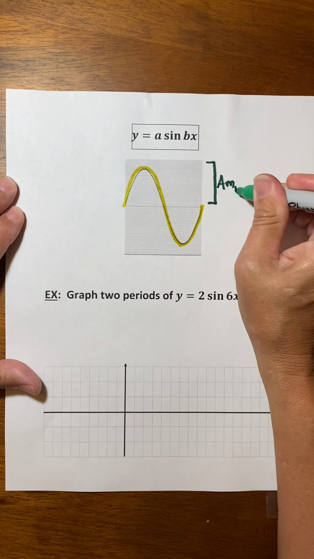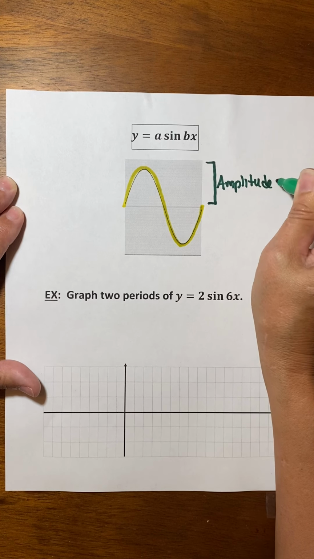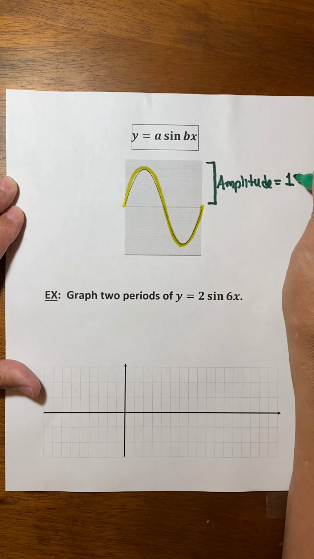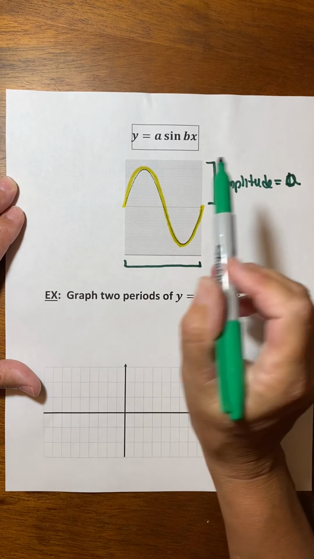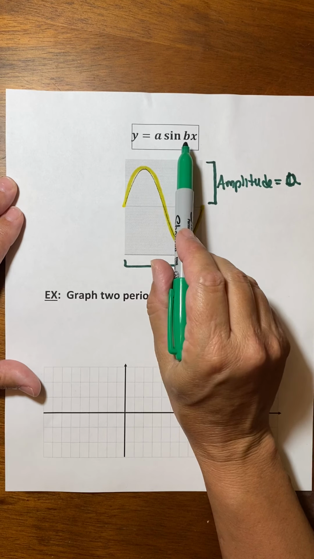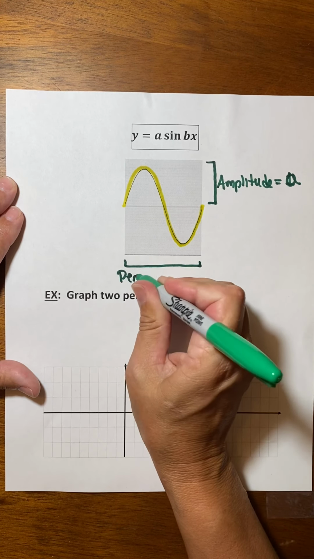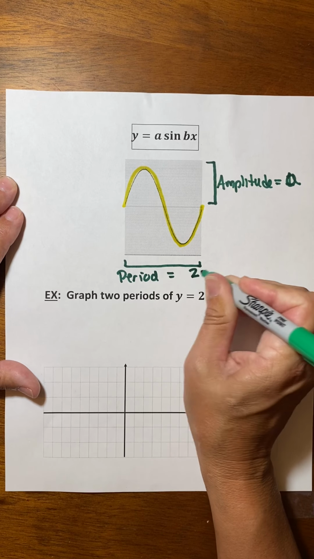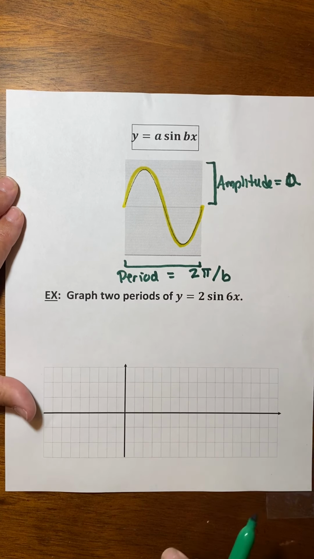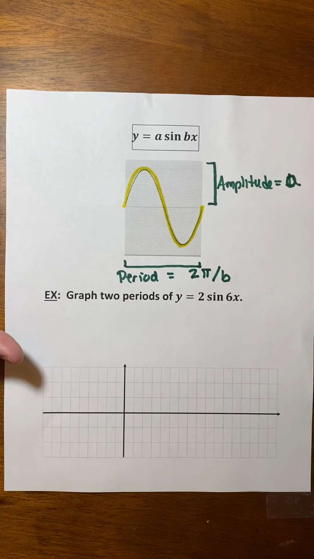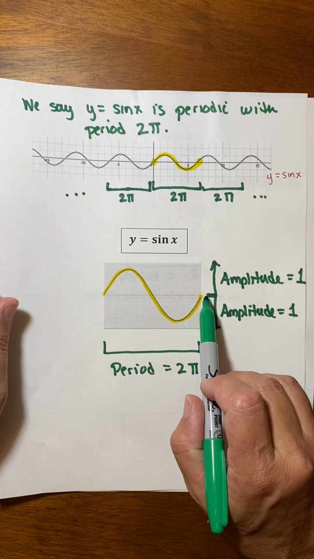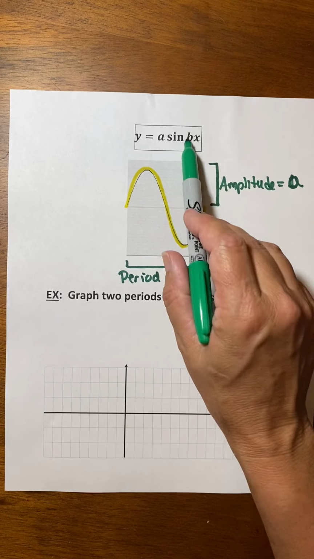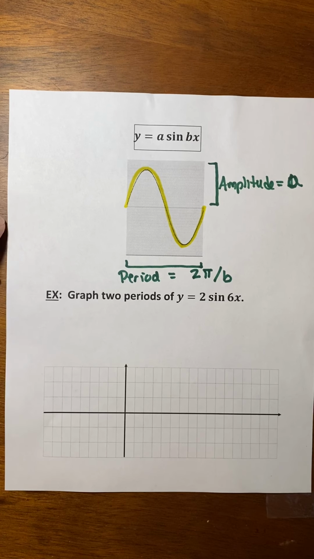So the amplitude is equal to |a|. And then the period, which was 2 pi prior to the b being in here, now becomes 2 pi over b. So it repeats itself every 2 pi over b, where here b was 1, so it took a period of 2 pi to repeat itself. Here it depends on the value of the coefficient inside there.